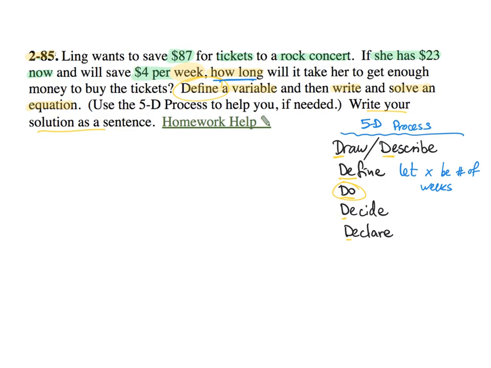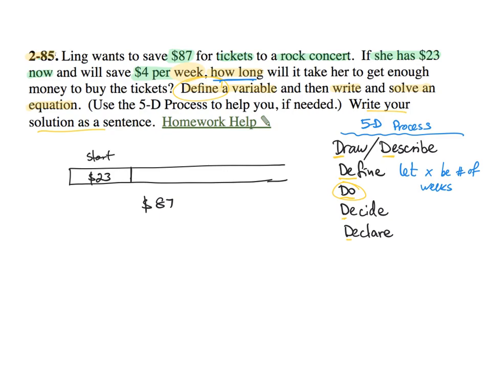The goal is to have $87, so I'm going to do a picture. $87 is the total from beginning to end. Then she starts with $23, a piece that we do know. And then every week she's adding $4.